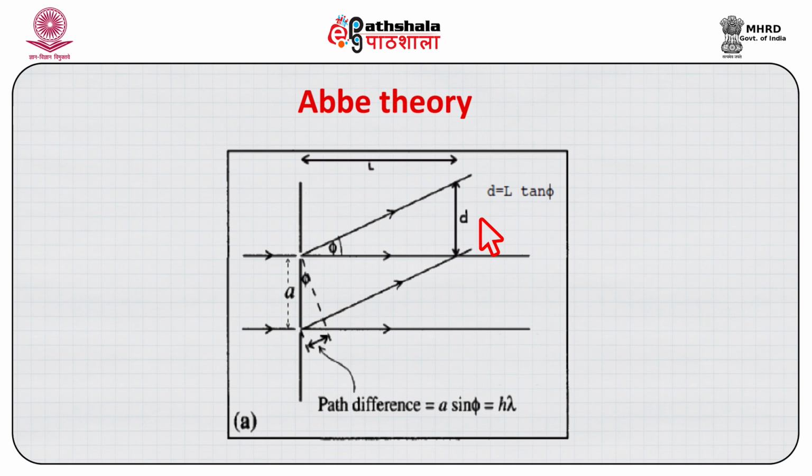Now, we see some very interesting difference, that if an image is to form, there has to be a constructive interference between the two diffracted beams shown here. The path difference between the two will be a sin phi, and this is related to the wavelength in terms of n lambda.